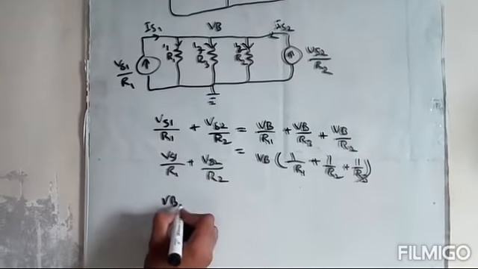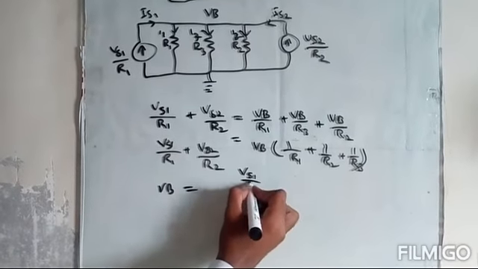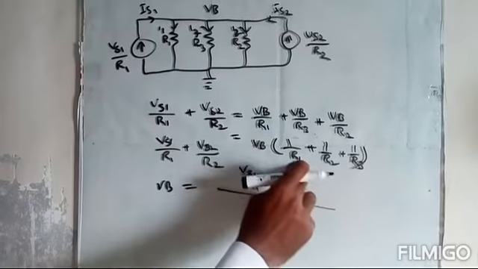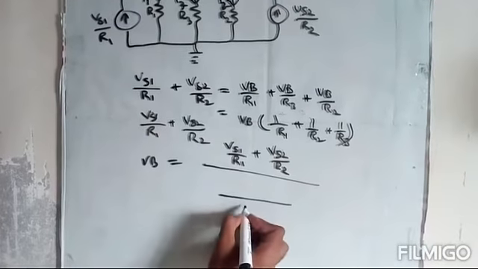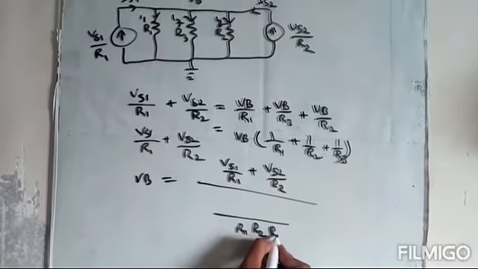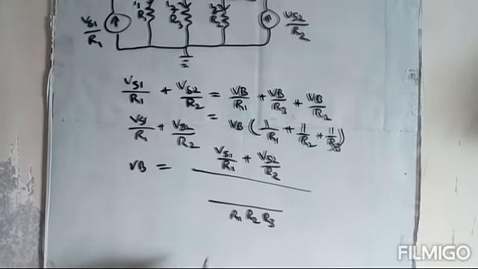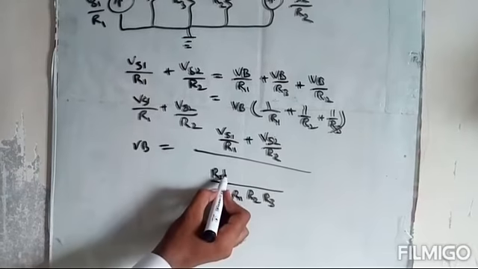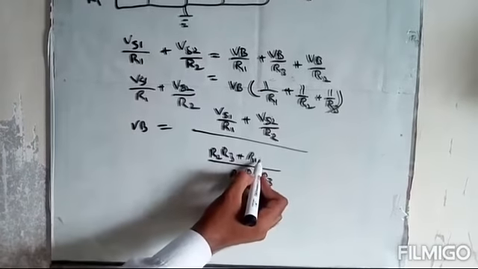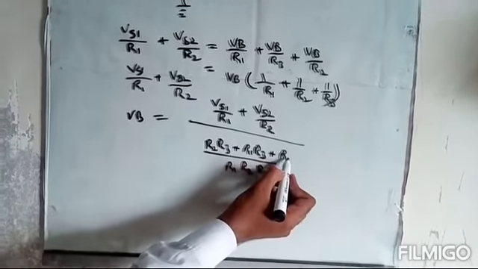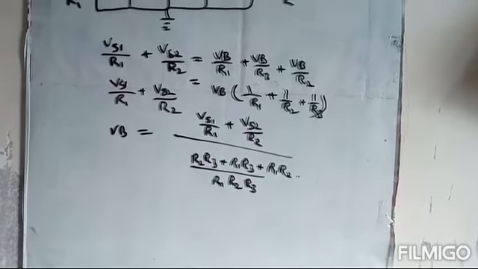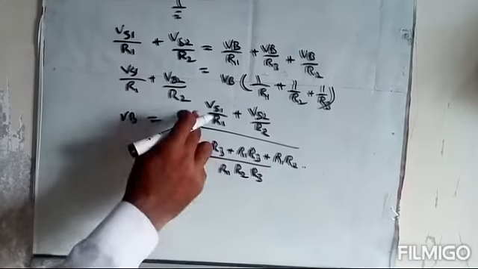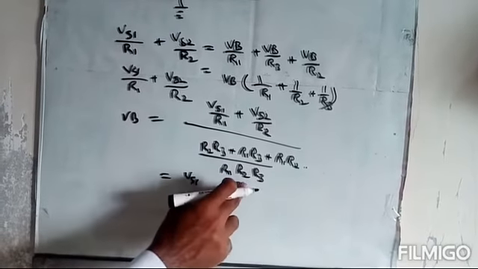So Vb is equal to Vs1 over R1 plus Vs2 over R2, and I will take the LCM of this term here in the denominator, R1, R2, R3, and in the numerator, R2, R3 plus R1, R3 plus R1, R2. This term will multiply with the numerator, and the answer will be Vs1. R1 will be cancelled with R1 and remaining R2, R3.